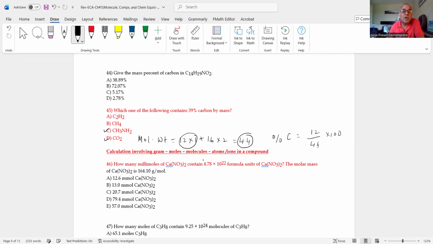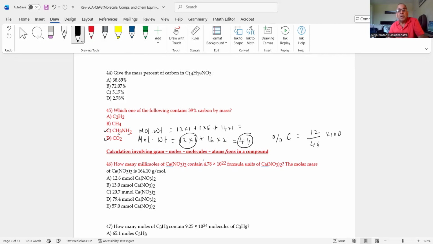Similarly, you find out the molecular weight of this compound. It has 1 carbon, 12 into 1. How many hydrogen? 3 plus 2, 5. So you have to pull them together because 3 hydrogen is here, 2 hydrogen is here, 5. Plus 1 nitrogen, so 14 into 1.